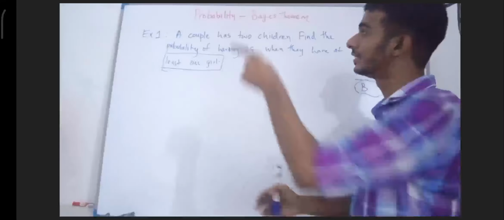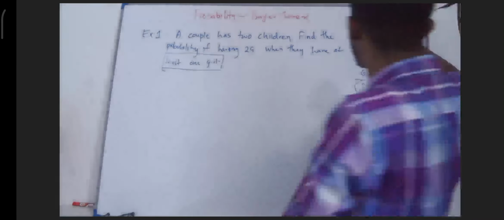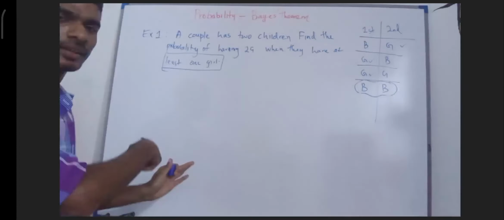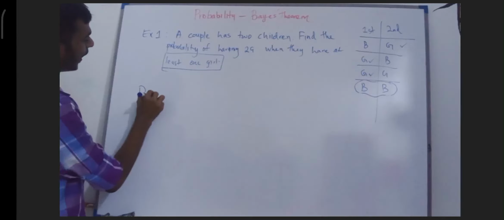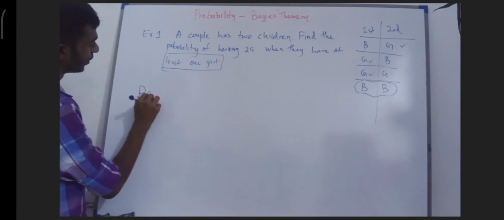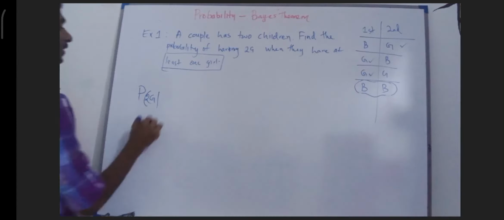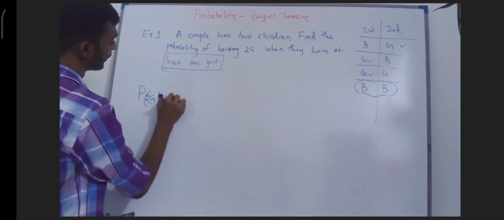So these are the possibilities that this particular couple has. Now this comes under total probability. Now I am going to directly write the equation for Bayes theorem: find the probability of having 2 girls provided that they have at least 1 girl.